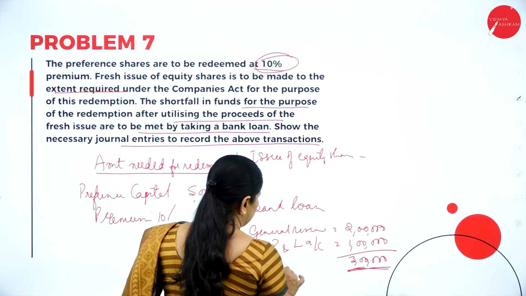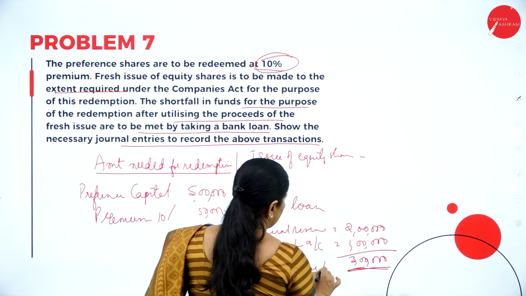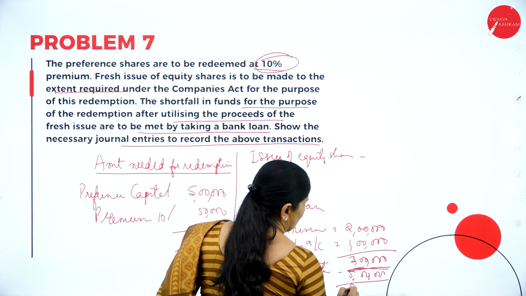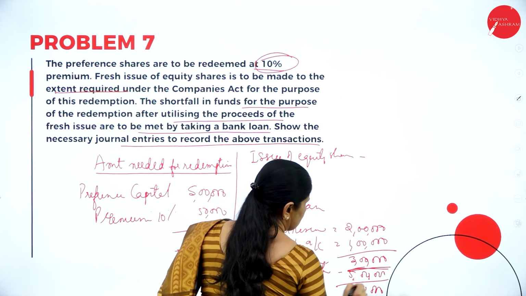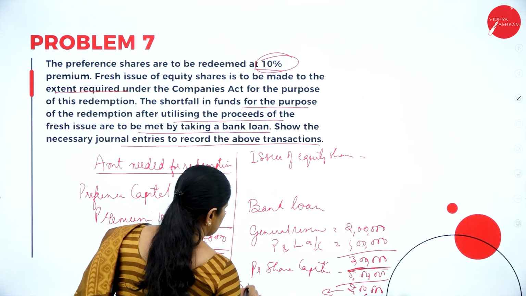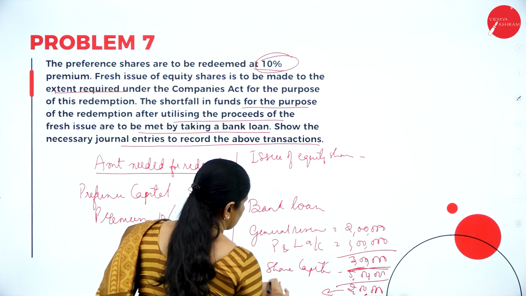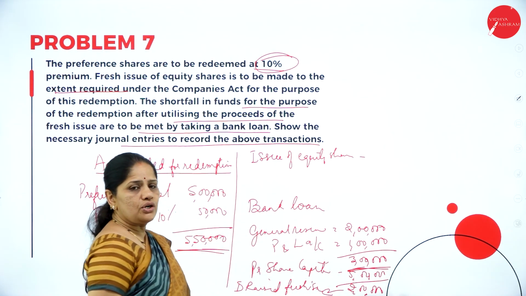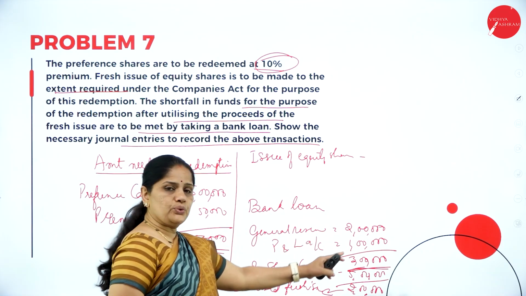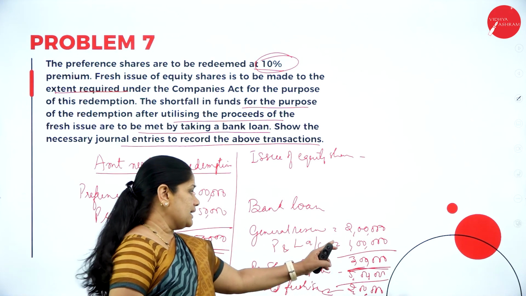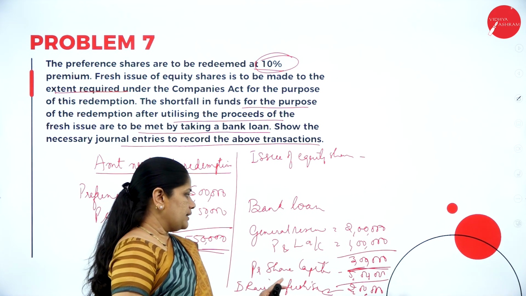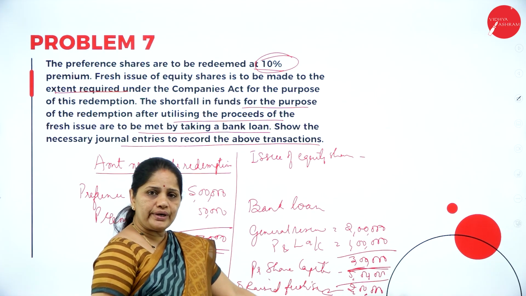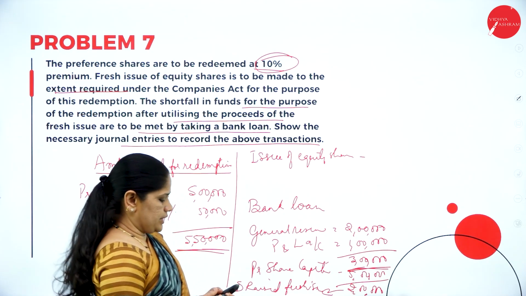Preference share capital is 5 lakhs. So we need 2 lakhs more. So this 2 lakhs is to be raised through fresh issue of equity shares. So here we have the general reserve 2 lakhs, profit and loss account 1 lakh. So total it is 3 lakhs. Then preference capital is 5 lakhs. So the amount to be raised from fresh issue is 2 lakhs. So this we should remember.